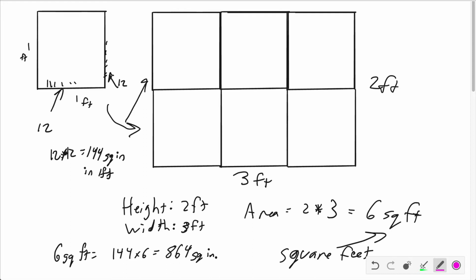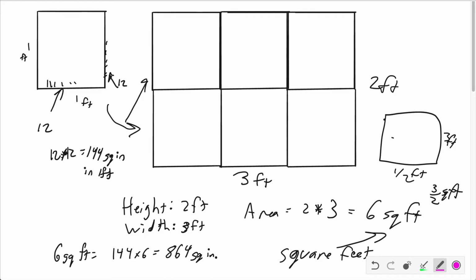Okay, so that's squares and rectangles. Rectangles are pretty simple in the sense that all you do is whatever their dimensions, if it's, I don't know, 1/2 foot and 3 feet, then you multiply them together, you get 3/2 square feet.